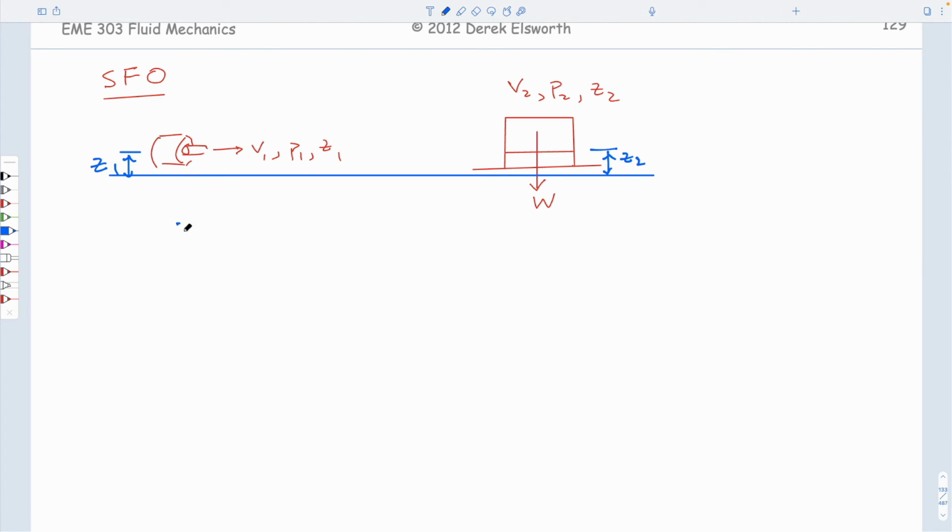So it's elevation 1, pressure 1, velocity head 1 is equal to the same at the second location, plus v squared 2 over 2g.